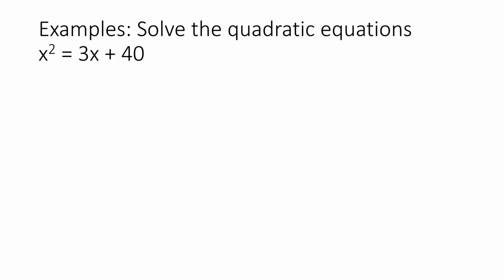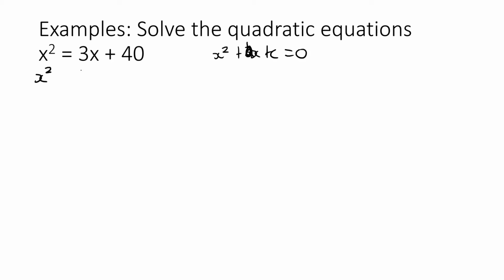Then we have one last example. This time you don't have it in standard form. So make sure you remember standard form: it's x squared plus bx plus c equal to 0. You want your quadratic on the left, and then it's equal to 0.